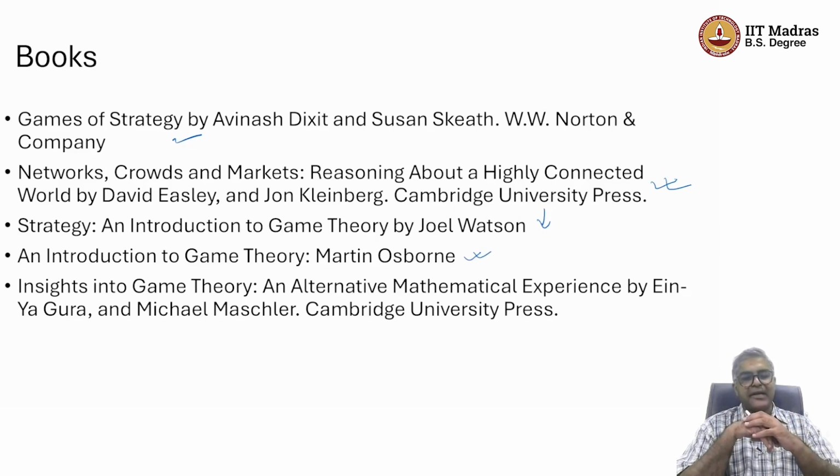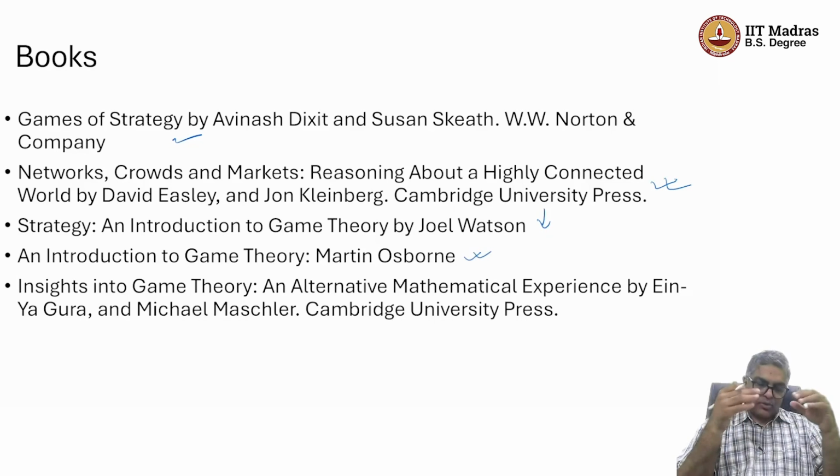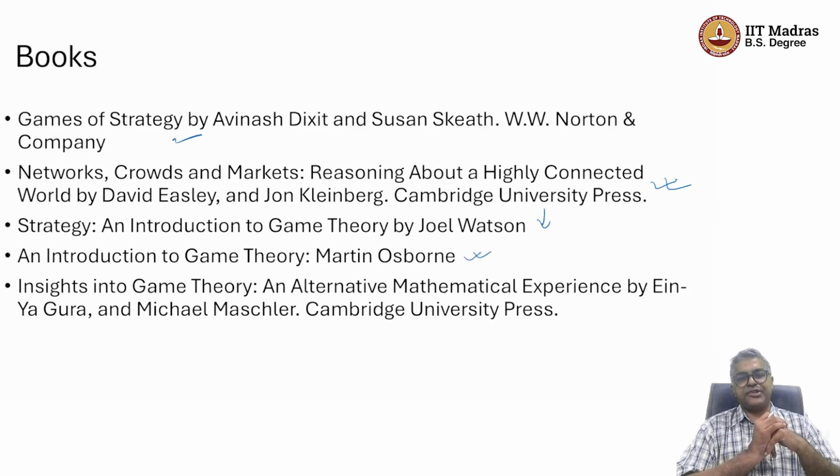So if you are mathematically inclined and like abstract thinking, then you are going to like Martin Osborne a lot. And Bikram will talk about the books that he likes, but one of the books he would be following is Insight into Game Theory: An Alternative Experience by Ignacio Palacios-Huerta and Michael Maschler, published by Cambridge University Press.